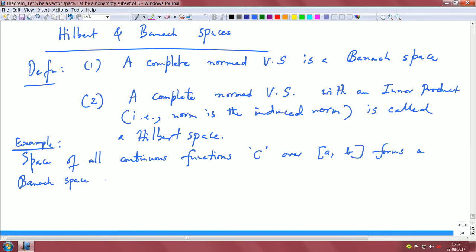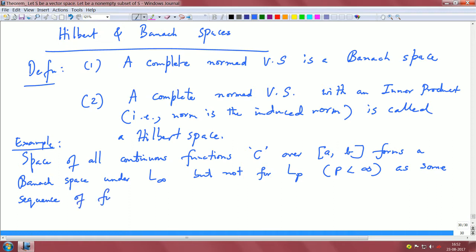It forms a Banach space under L infinity, but not for LP, p less than infinity, as some sequence of functions may not have a limit.